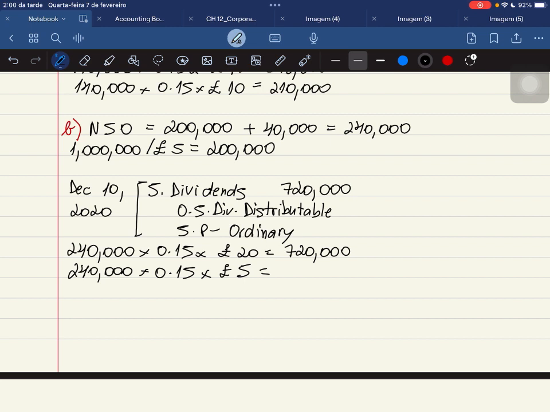That gives us 180,000 pounds. And the share premium ordinary is going to be the difference between these two. That gives us 540,000.